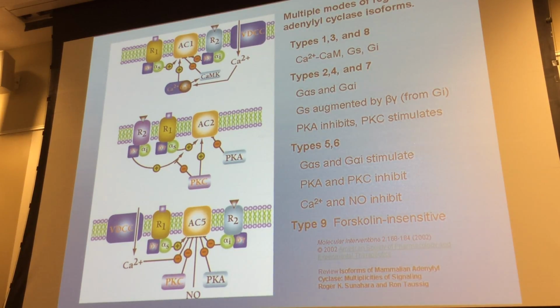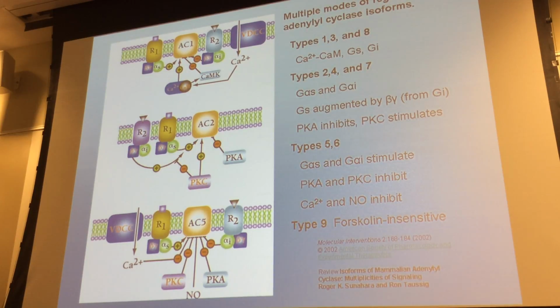So from control of just forskolin and the calcium ionomycin, we see an increase. So going up from the bottom, it's not type 9. We added forskolin and we have a response, so that eliminates that. We said it was not type 5 or 6 because calcium did not have an inhibitory effect, so we eliminated that one.